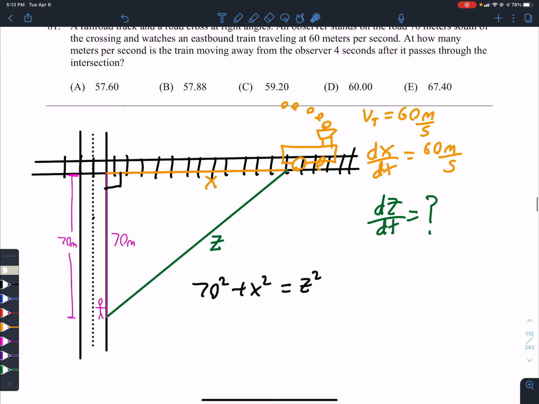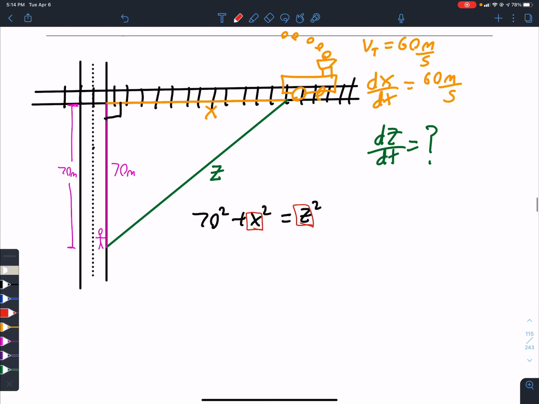So since the train is moving, x is changing 60 meters every second. So x is actually a function of time. It's not a variable, it's a function. I'm going to put it as box, as in chain rule. And as the train moves this way, clearly z is increasing, so z is changing with time. So I'm going to say z is a function.